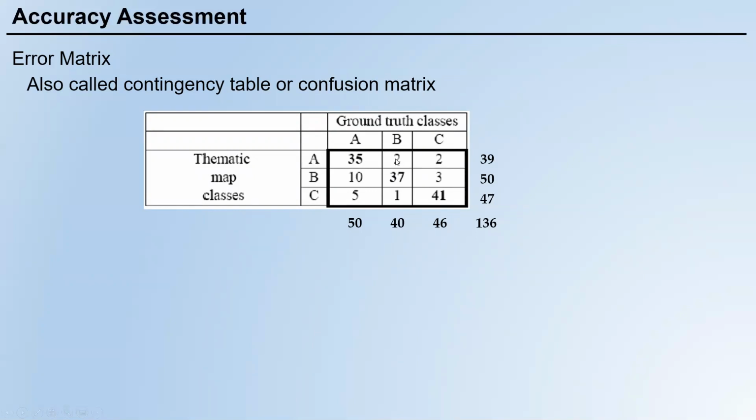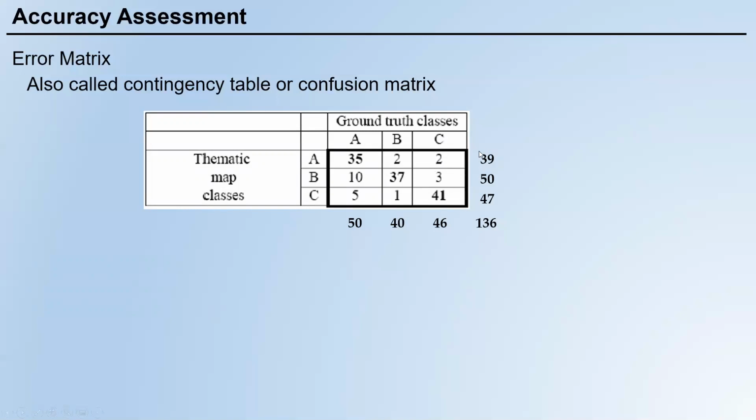These 2 pixels should belong to class B. Similarly, another 2 pixels are classified to class A in your thematic map, but they are actually a part of class C in the real world.